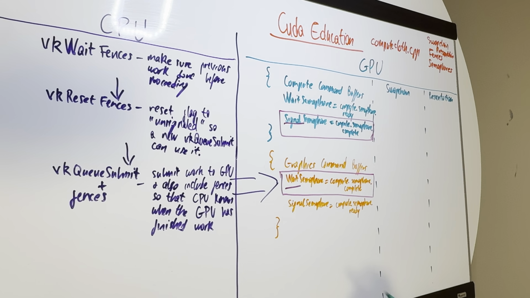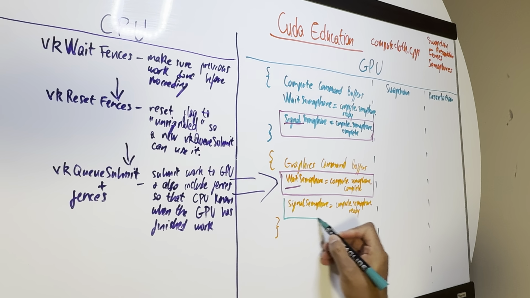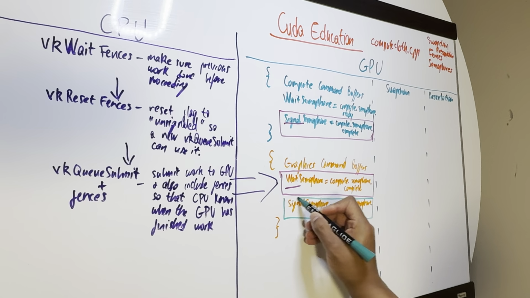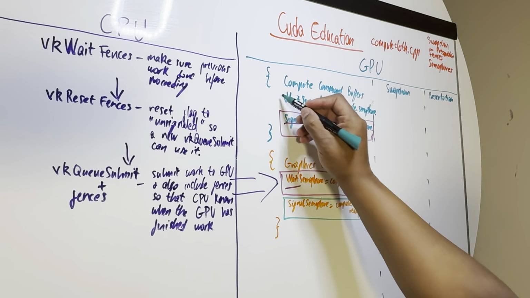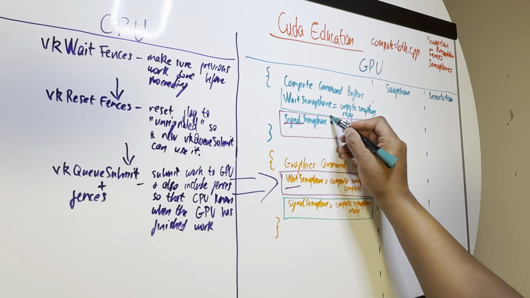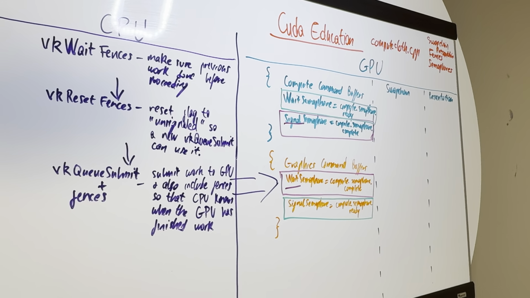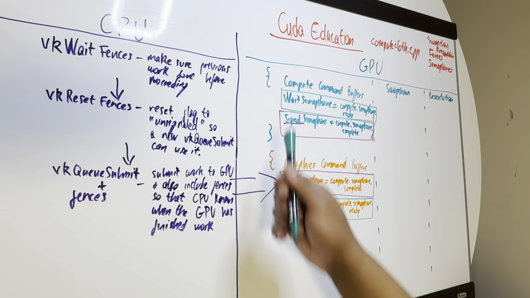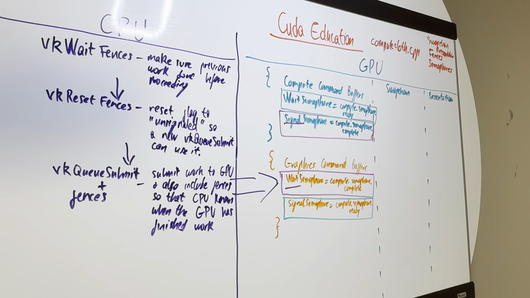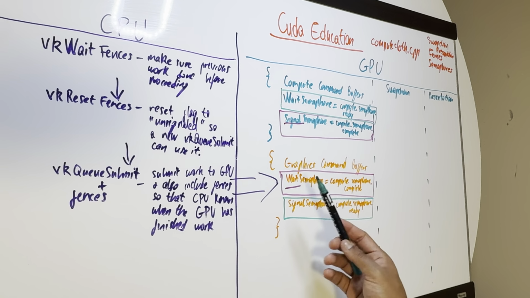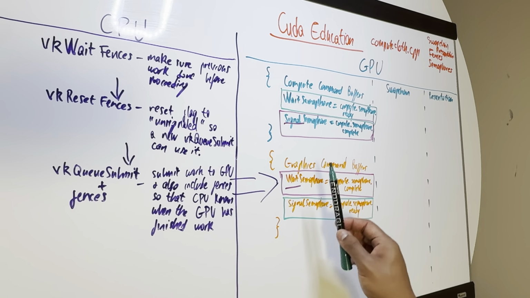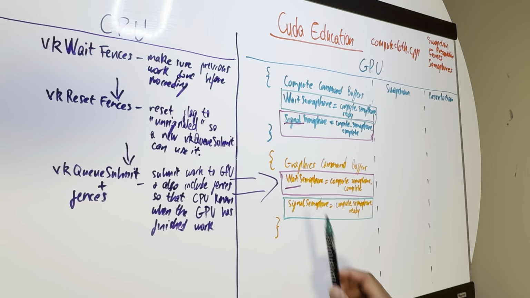And then we also have this one and this one. Similar logic. Compute is going to wait for graphics to be finished. So compute isn't going to start until graphics is finished, right?